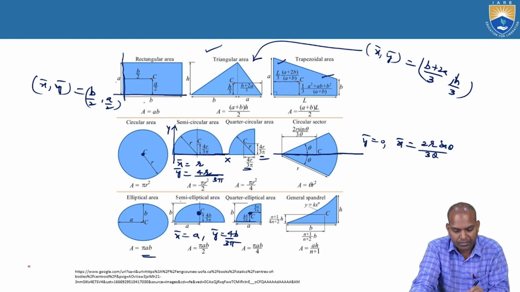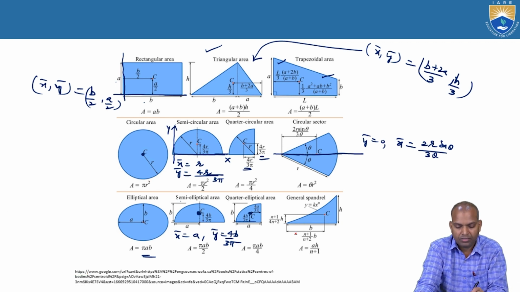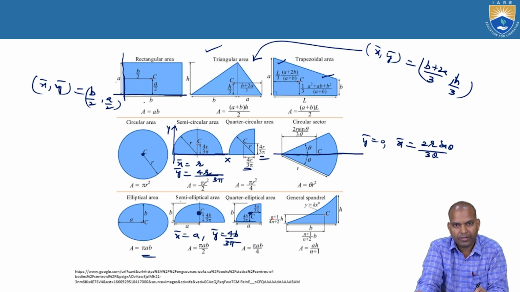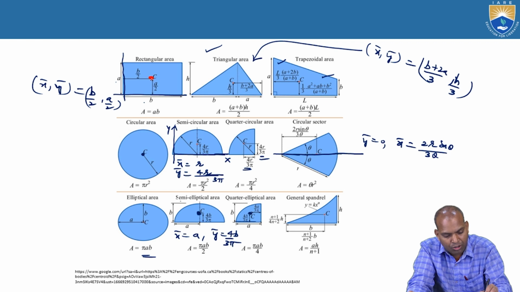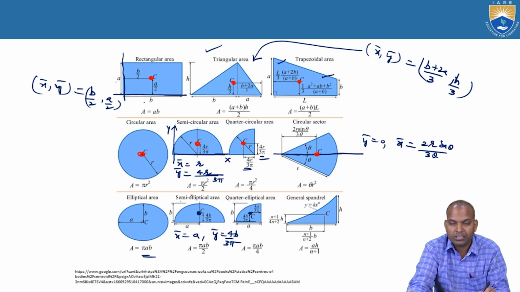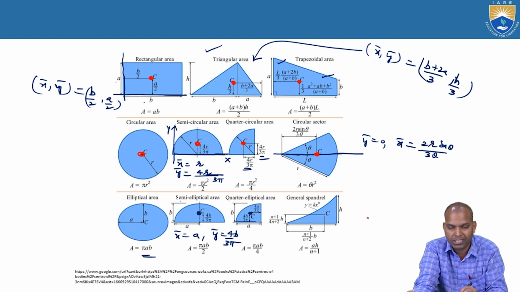What is the centroid of a general spandrel? It is bar x equal to n plus 1 by n plus 2 times b, and bar y equal to n plus 1 by 4n plus 2 times b. Now, this is the location of the centroid of a rectangle, this is the triangle centroid, the trapezoidal area centroid, and here the circular centroid. For the semicircular area, the centroidal distance; for the quarter circular area, the location; whereas for the circular sector, the centroid distance is C here.